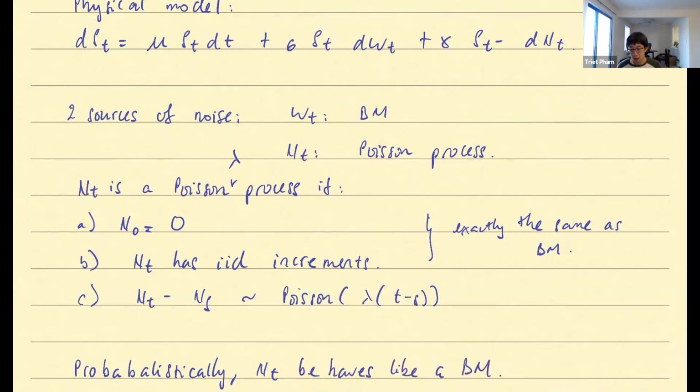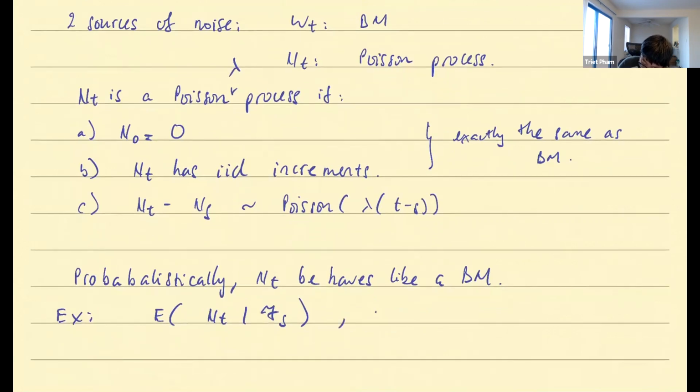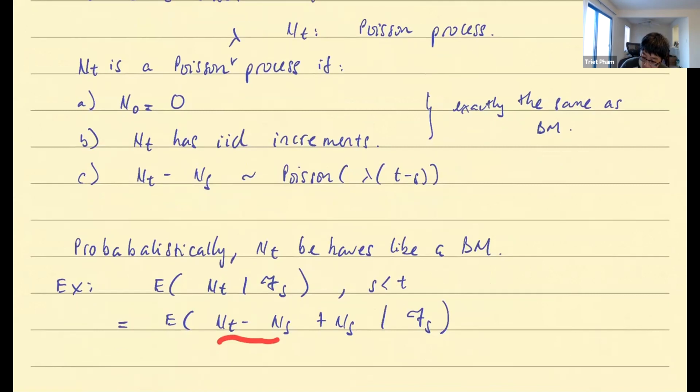Okay. So, for example, when you want to compute certain things like conditional expectation, for Nt conditional on s, for s less than t, you would do exactly what we did before with the Brownian motion. In other words, you would introduce the future increment, and then keep the present.